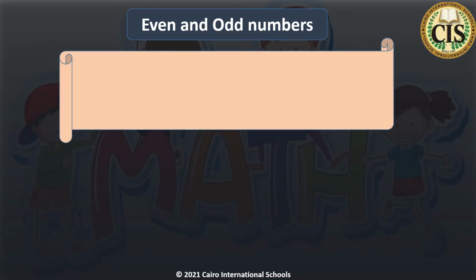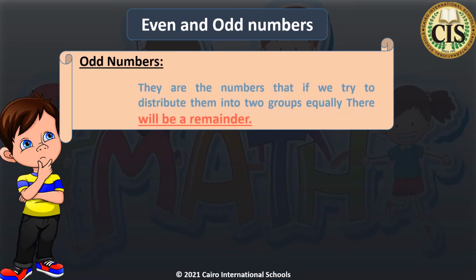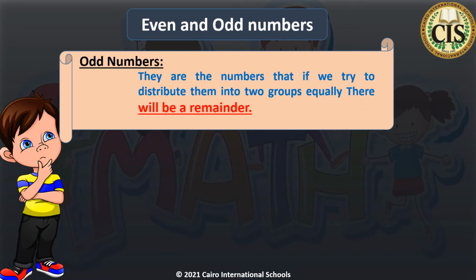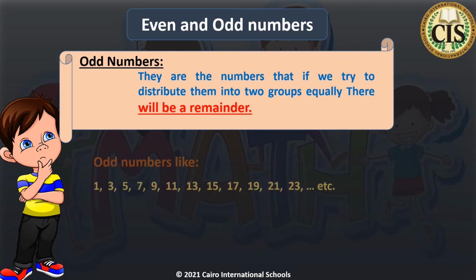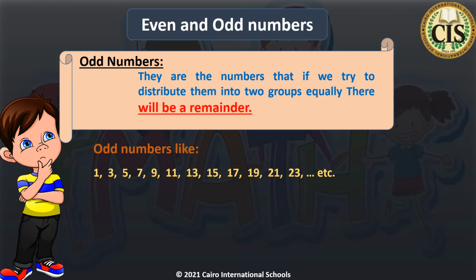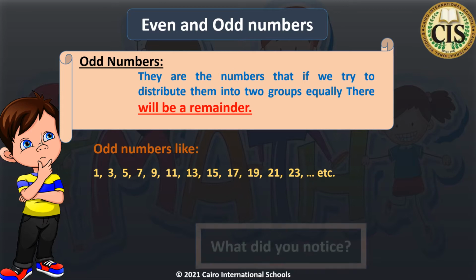While the odd numbers, they are the numbers that if we try to distribute them into 2 groups equally, there will be a remainder, like the 3 cookies. Do you remember the 3 cookies that were distributed among Adam and Malak with 1 cookie remainder? The odd numbers like 1, 3, 5, 7, 9, 11, 13, 15, and so on.